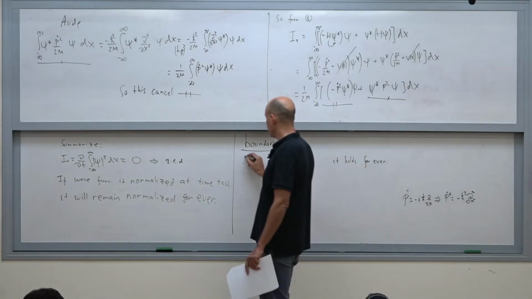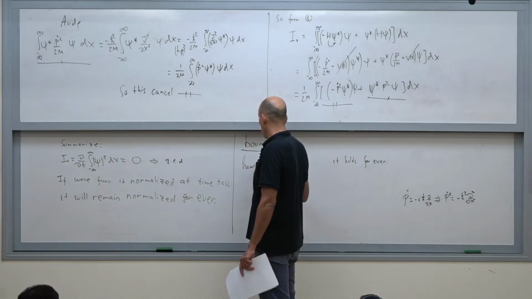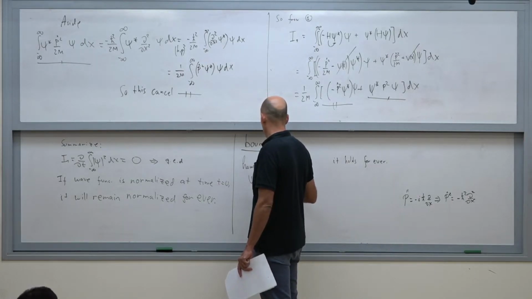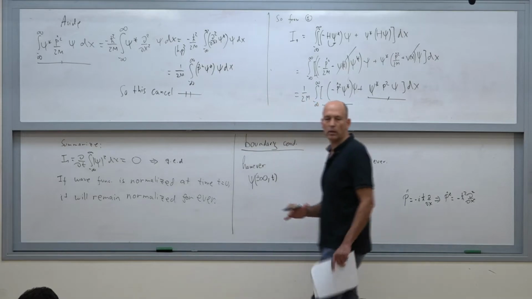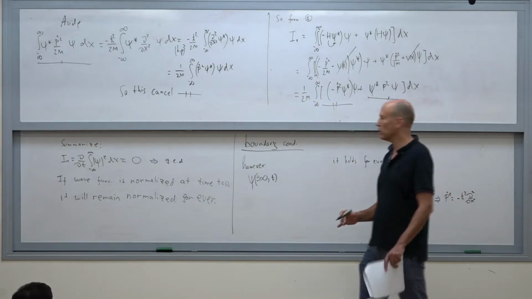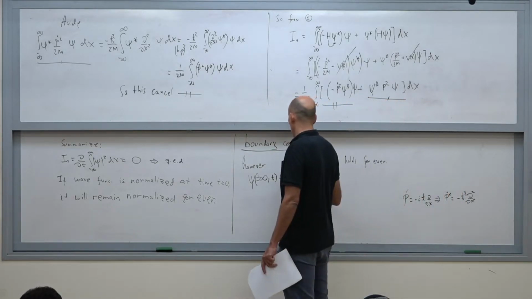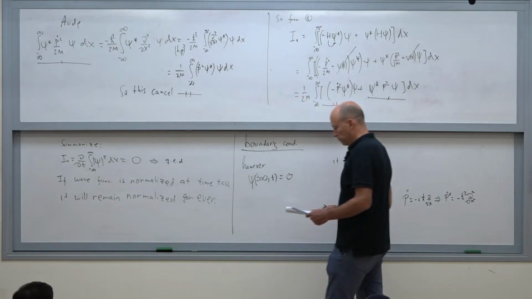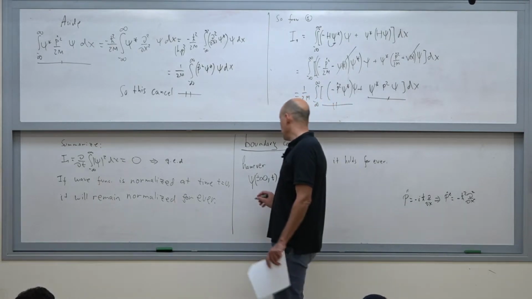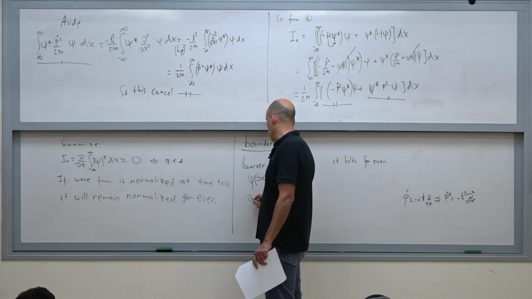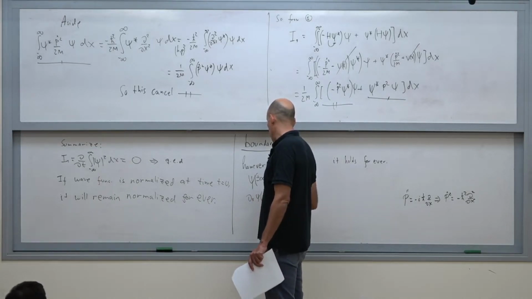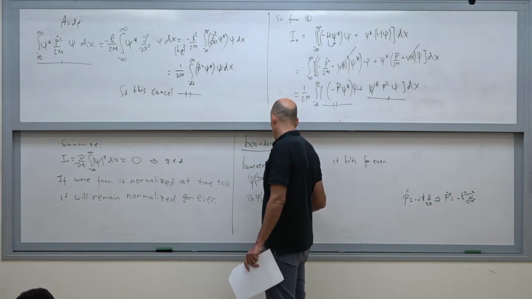However, it is pretty obvious that psi at plus minus infinity at all times t, if you start with some localized wave function, this is always 0. And similarly, you can show that the first derivative at plus minus infinity is always 0.